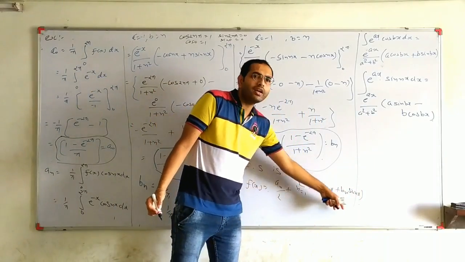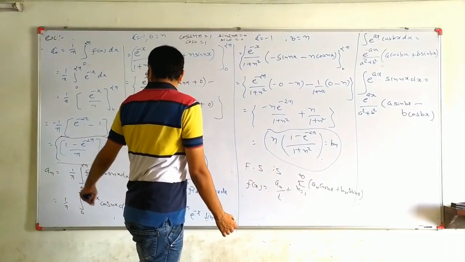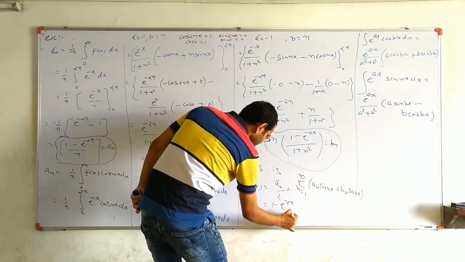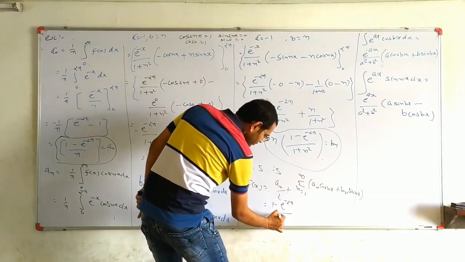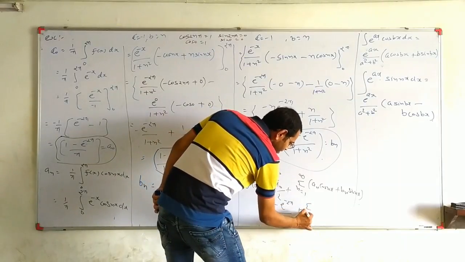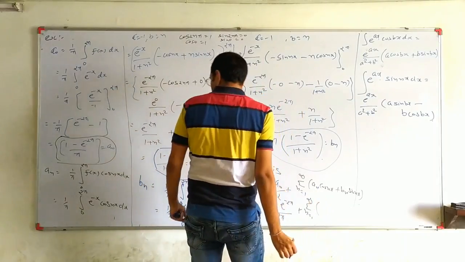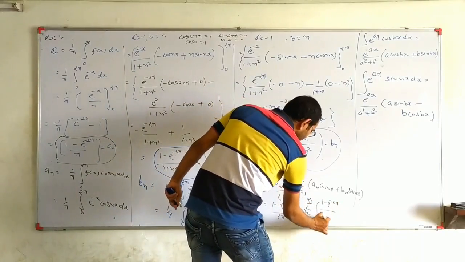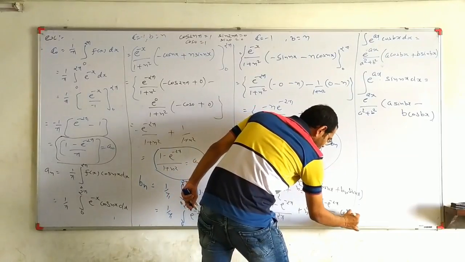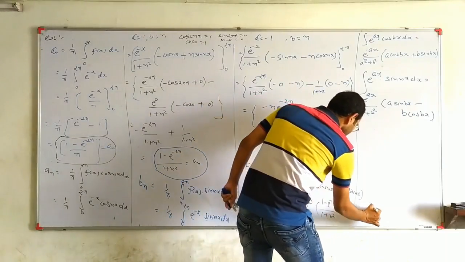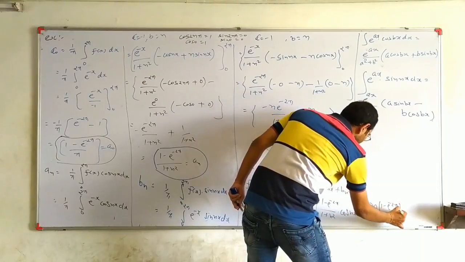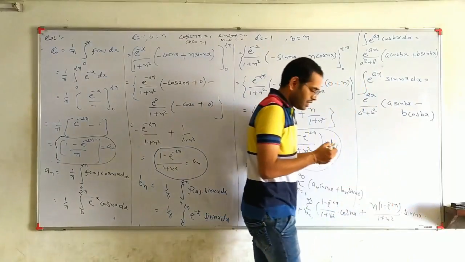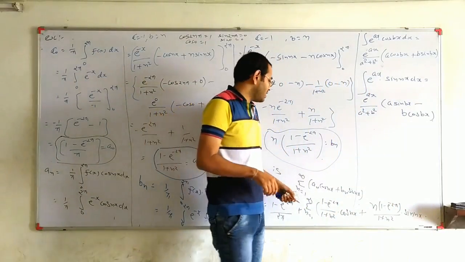Then we get 1 minus e raised to minus 2 pi by 2 pi, plus summation n equal to 1 to infinity of 1 minus e raised to minus 2 pi upon 1 plus n square cos nx, plus n times 1 minus e raised to minus 2 pi by 1 plus n square into sin nx. That is our Fourier series.